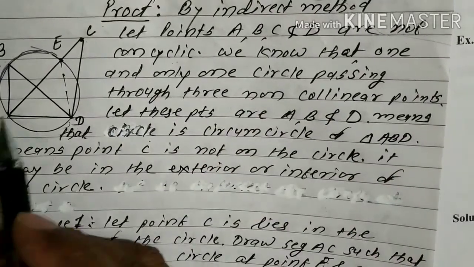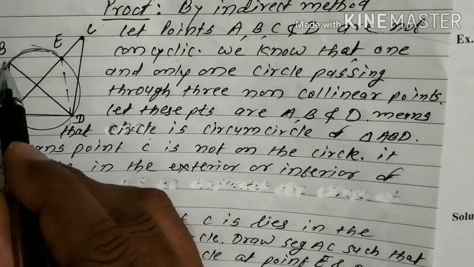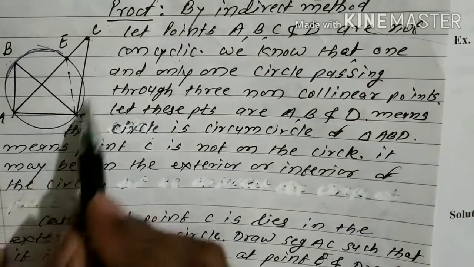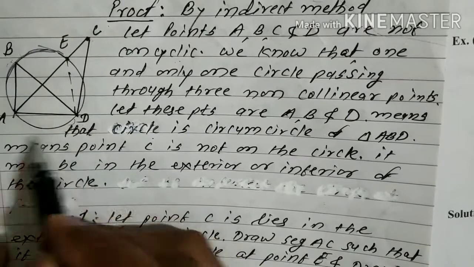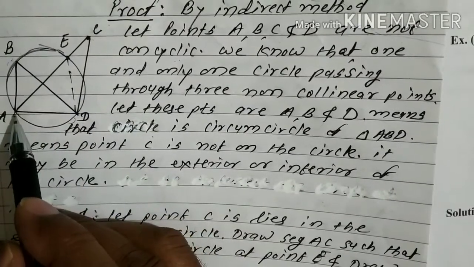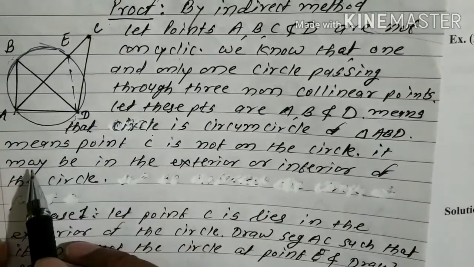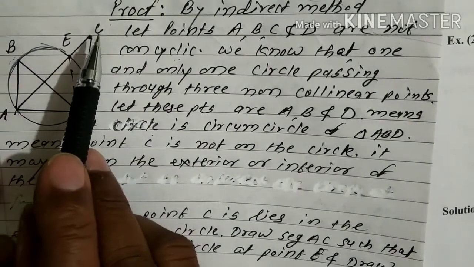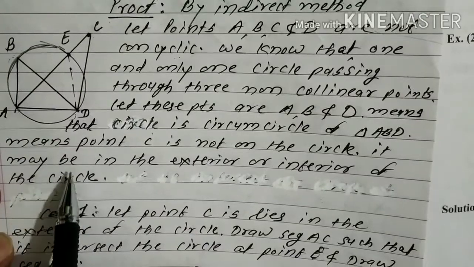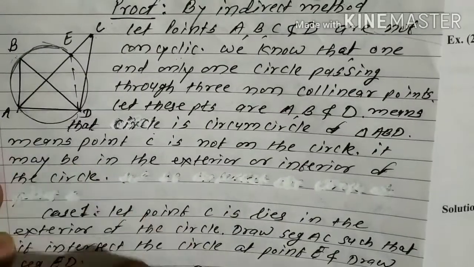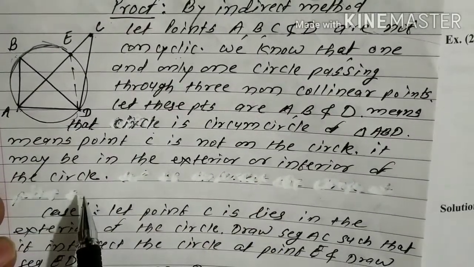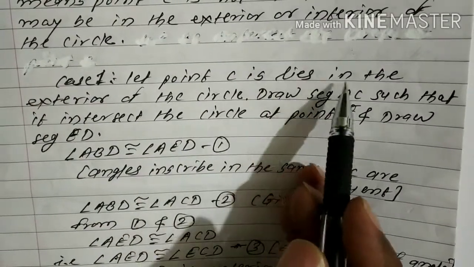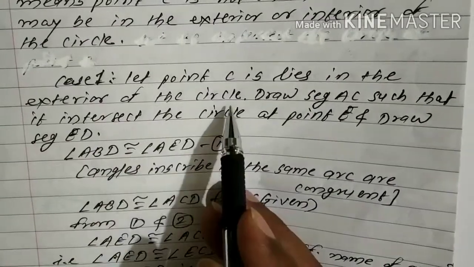Let these points be point A, point B, point D. This circle is the circumcircle of triangle ABD. Means point C is not on the circle. It may be in the exterior or interior of the circle.